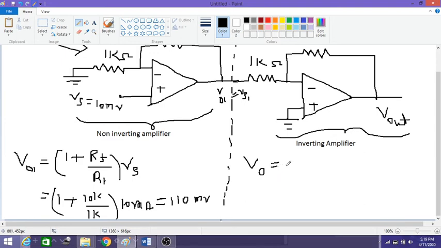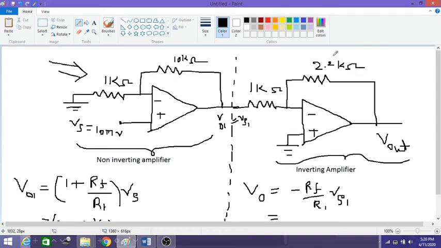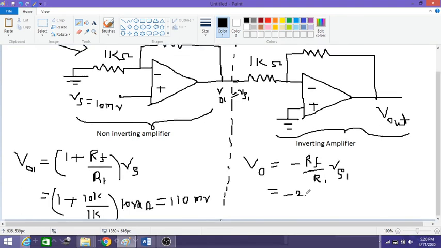So V naught here is equal to minus RF by R1 into Vs1. So now in this case the RF corresponds to the second circuit and R1 corresponds to this circuit that is here. So now it is minus 2.2 kilo ohms divided by 1 kilo ohm into 110 millivolts.